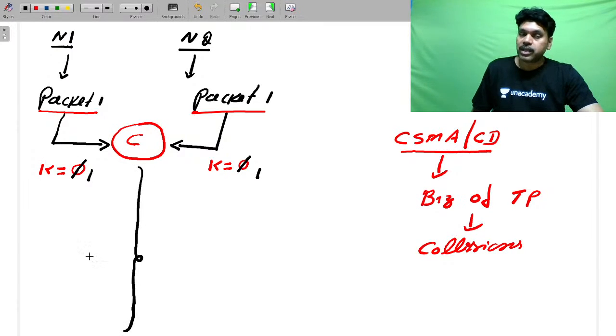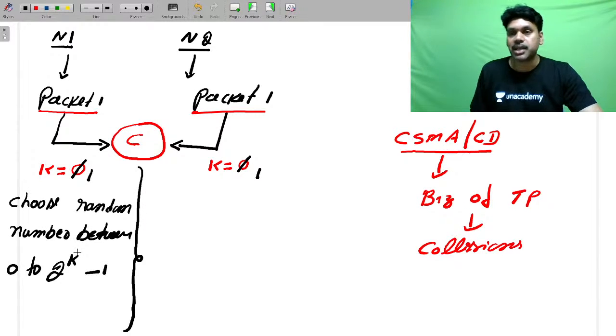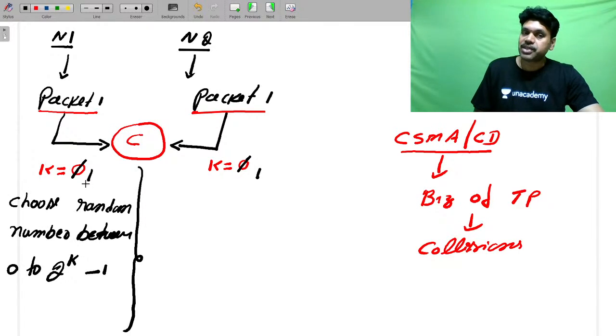Now the binary exponential Backoff algorithm says: choose a random number between 0 and 2 power k minus 1. Here k is nothing but the number of collisions. First time we collided, that's why the number is incremented by 1. So 0 plus 1 is 1. Now 0 to 2 power 1 minus 1, which is nothing but 0 comma 1.